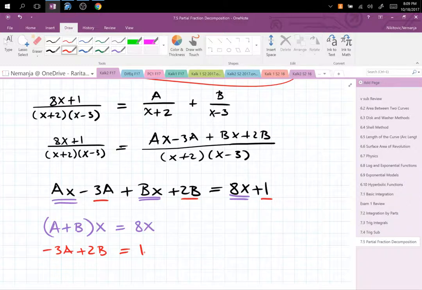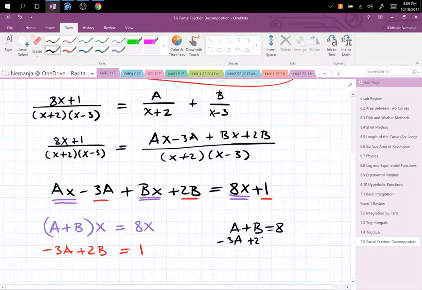So now, cancel these x's. You have the system. A plus b equals 8 and negative 3a plus 2b equals 1. Use whatever witchcraft you know to solve the system. Substitution, elimination, matrix, whatever makes you smile. I will multiply the top equation by 3 and then add the two equations to kill a's.